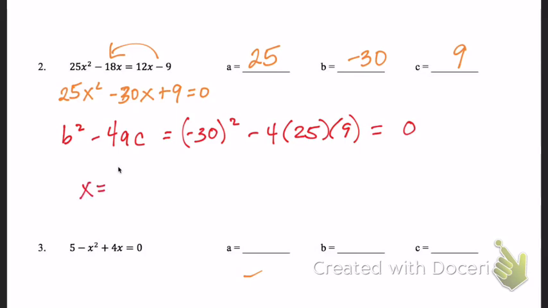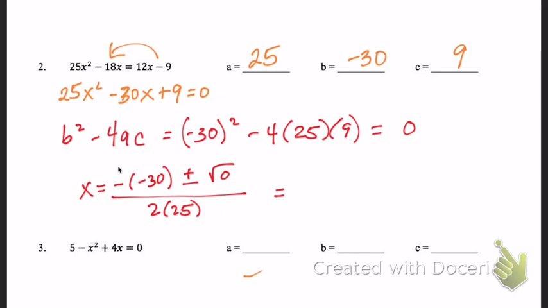So x is equal to negative b. So negative negative 30 becomes what? Just a positive 30. So 30 plus or minus the square root of 0, all over 2a.